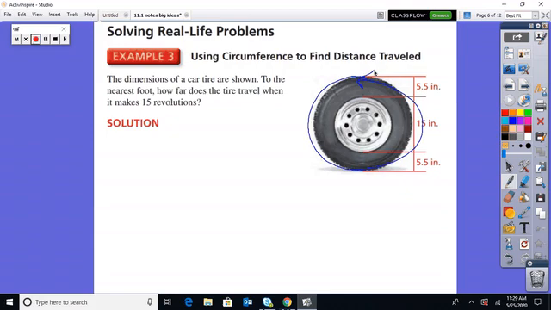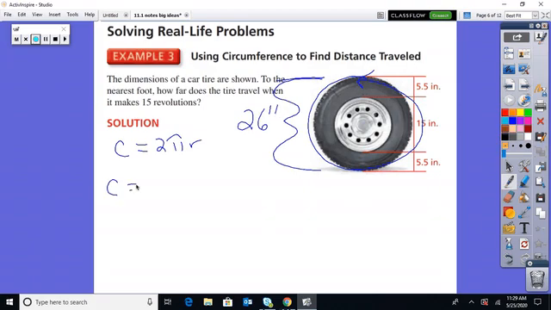So circumference formula, of course, is 2 pi r. Now, from all of that, 15 plus 11 is 26 inches. So that's my diameter, so my radius is 13. And again, here's one of those situations where you can use pi d.